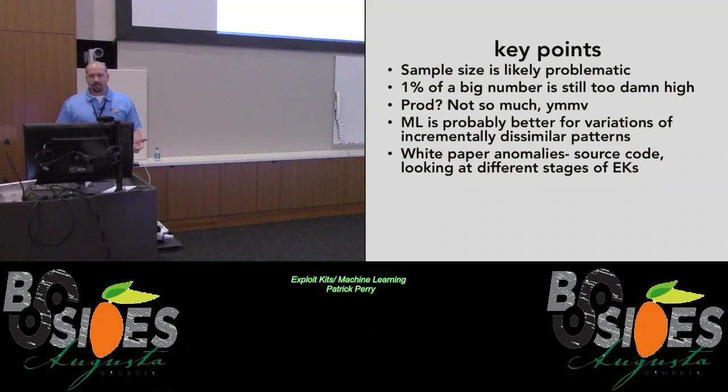I saw some white papers out there, I think University of Toronto and Chicago, where they claim to have 99% success in detecting EKs. Bullshit. But what I think this had to do with, as much of anything, was they were looking at specific examples where they had the source code to the malware, and I think they were looking at different stages of the exploit kits.